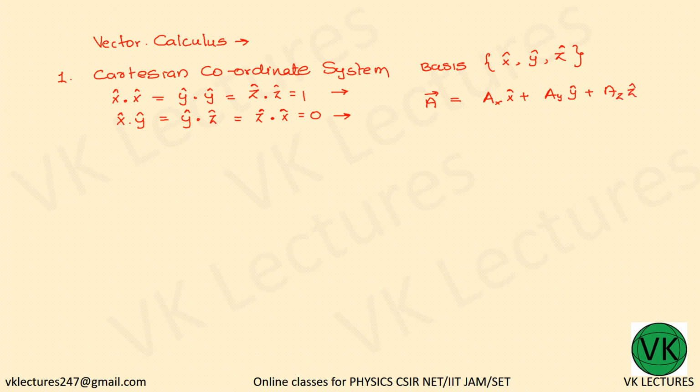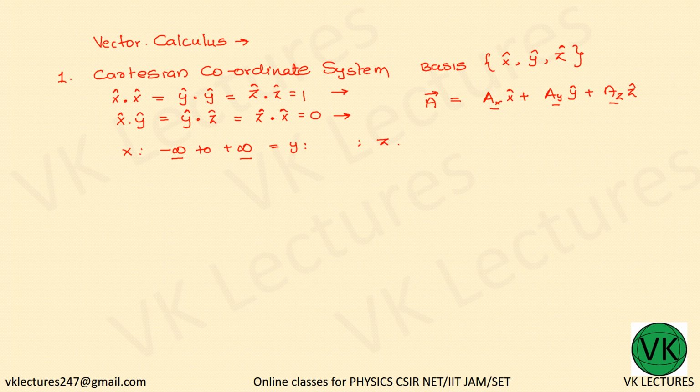Ax, Ay and Az are the x, y and z coordinates, and the range of x is from minus infinity to plus infinity. Similarly, y and z are both from minus infinity to plus infinity.